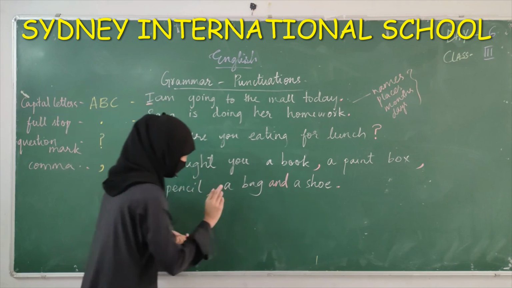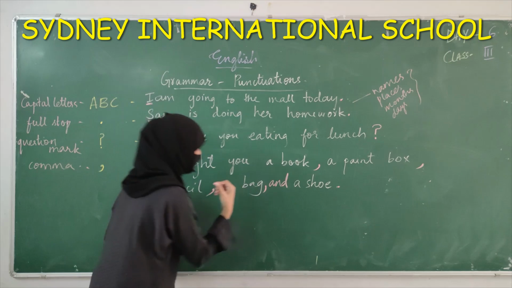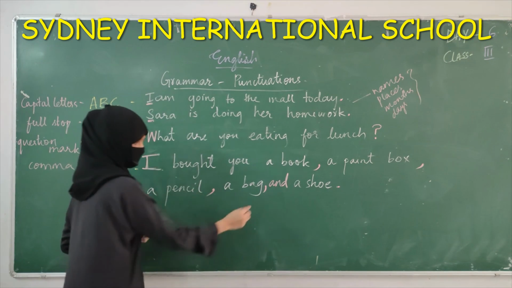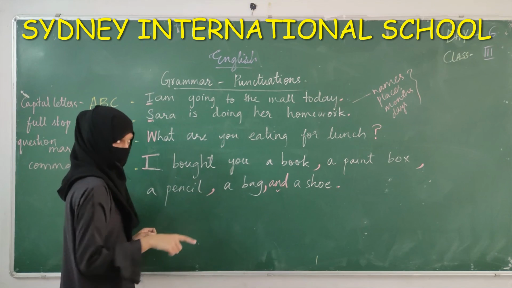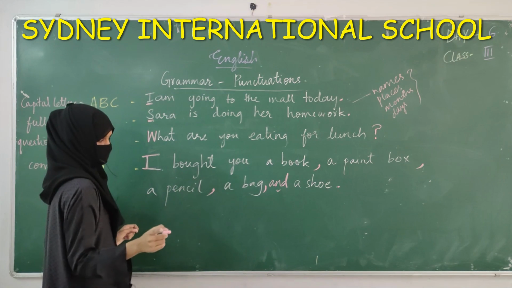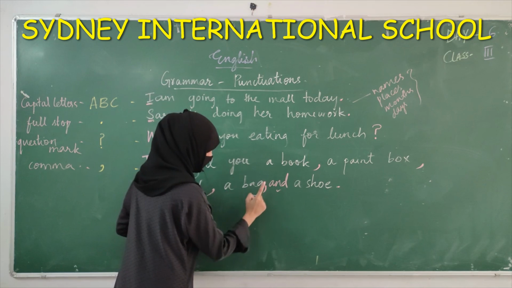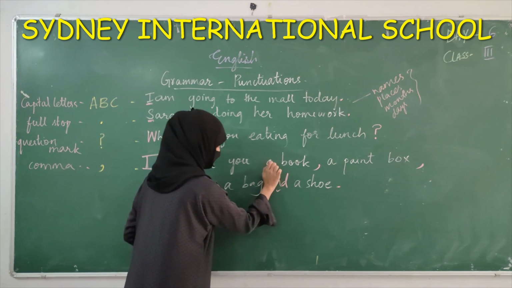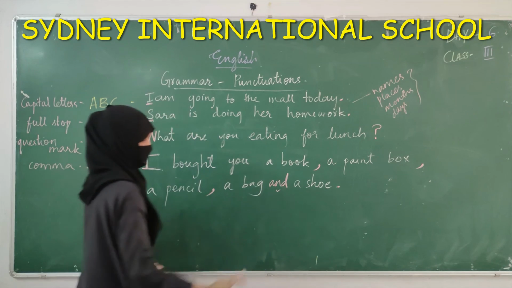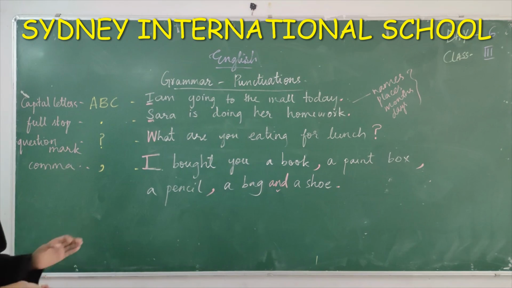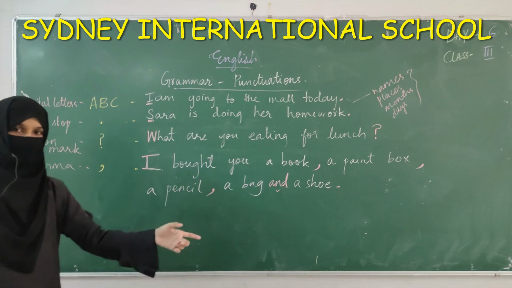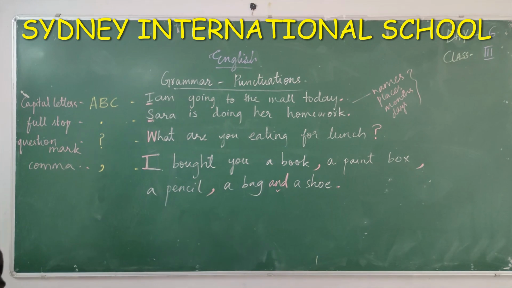But you will not put a comma here. A bag and a shoe. After a bag you will not put a comma because and is already there. That means this is the last thing. So when you are writing a sentence that consists of a list of things, you will separate the list by putting commas. I hope you all understood.